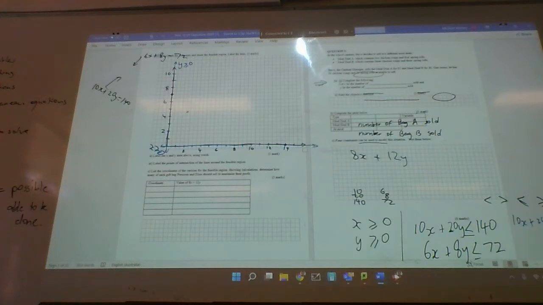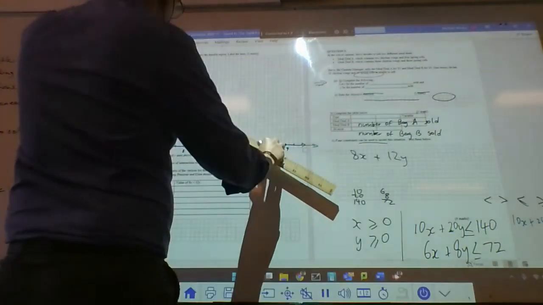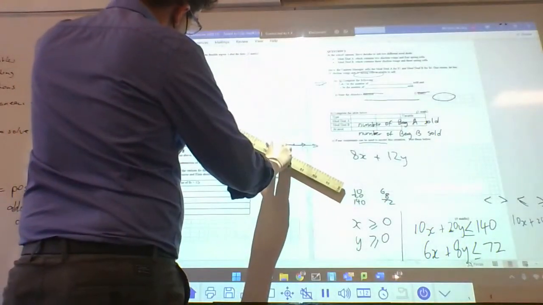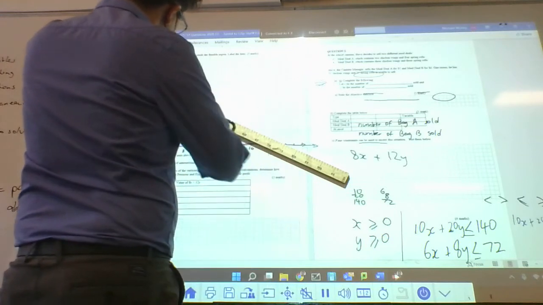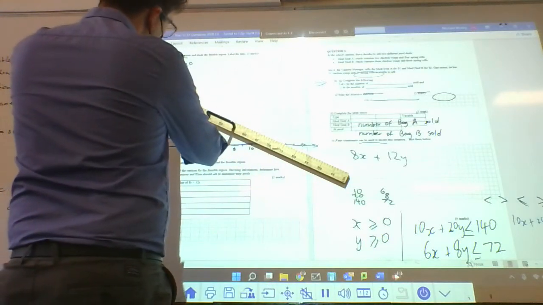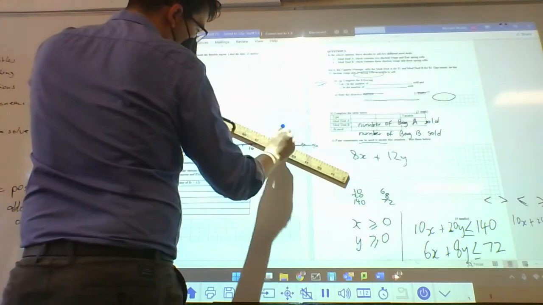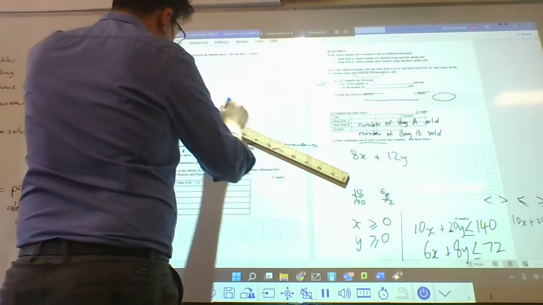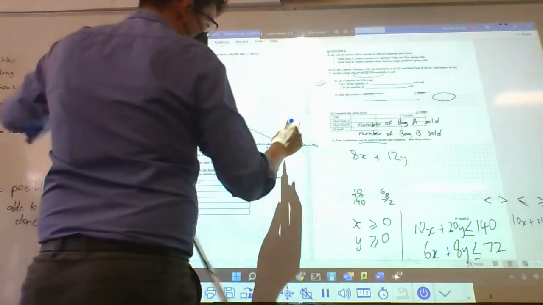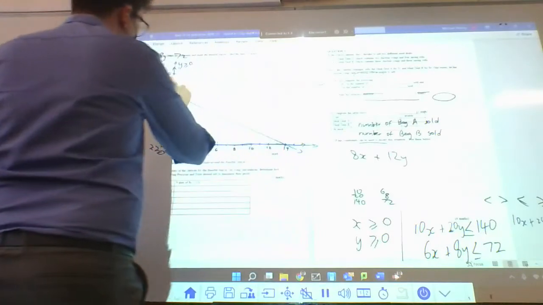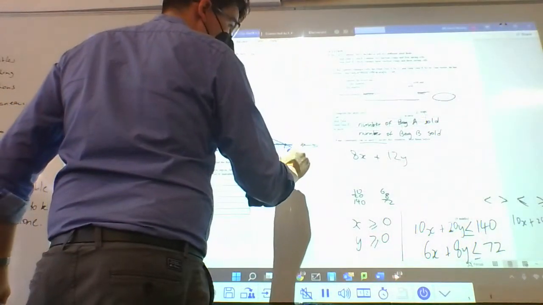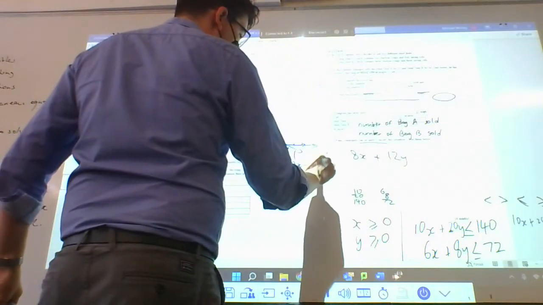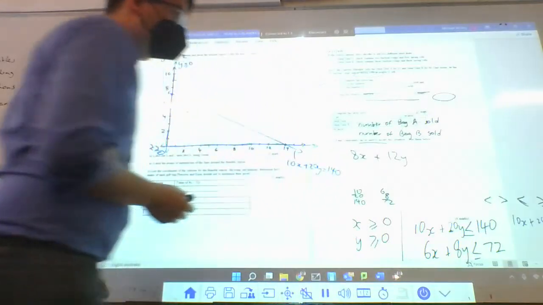Here's mine. Fancy little ruler. Let's try that. Okay, there we go. So that is, let's write it, 10x plus 20y equals 140.